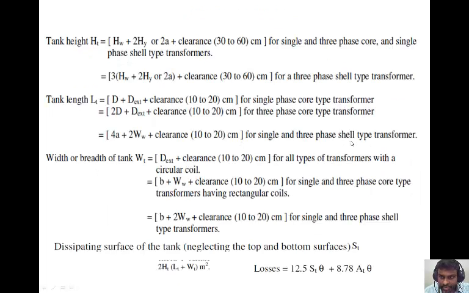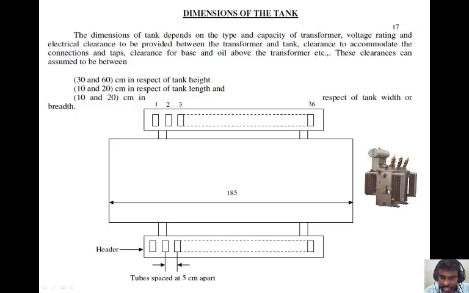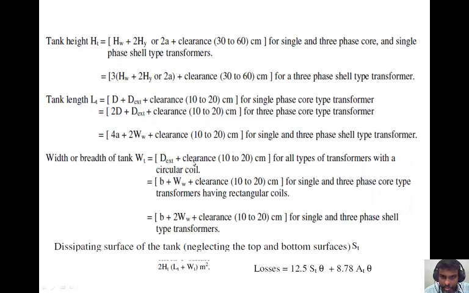For a single phase and 3-phase shell transformer, it is going to be 4A, that is sides 4A, plus 2 times the width, plus clearance. Width or breadth of the tank is going to be D external, this one, plus clearance of 10 to 20 centimeters for all types of transformer with circular coil. And with a rectangular coil, this is going to be B plus W plus clearance.